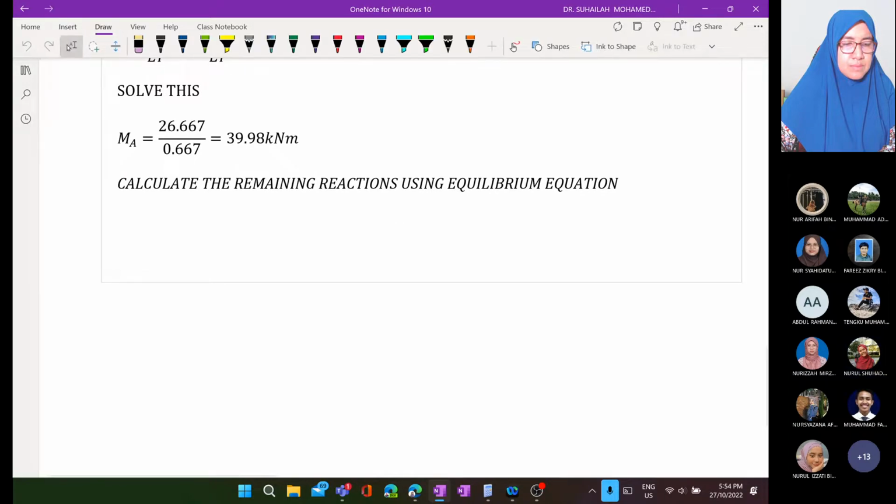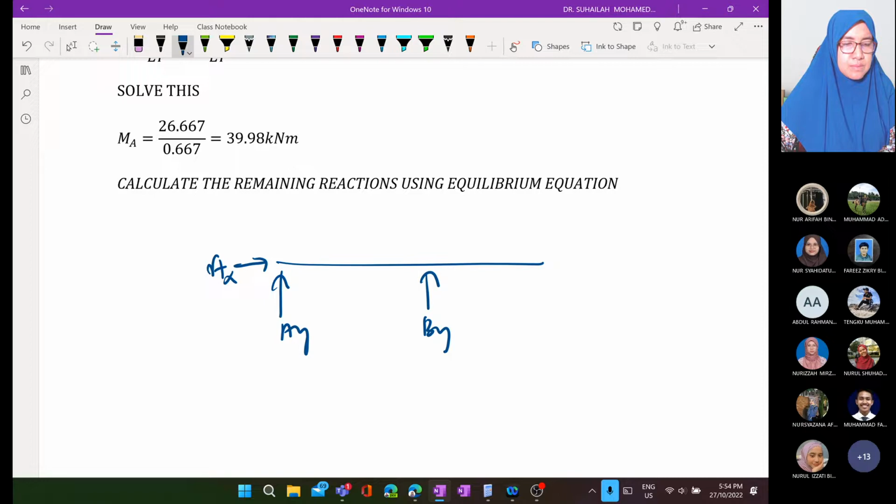You just need to draw the diagram. Okay, this is AY, this is AX, this is BY. This is 40, and the moment is 39.98. 2 meter, 2 meter.